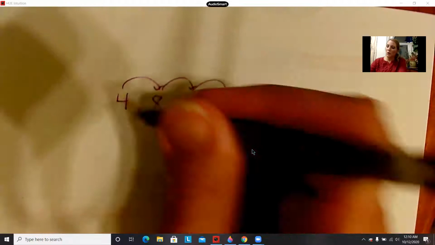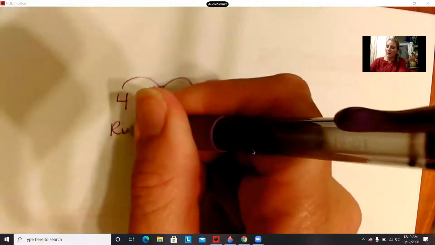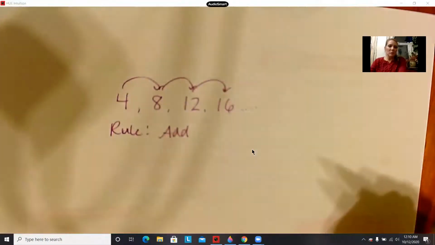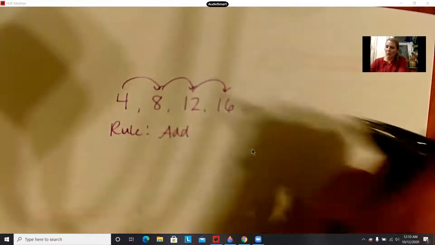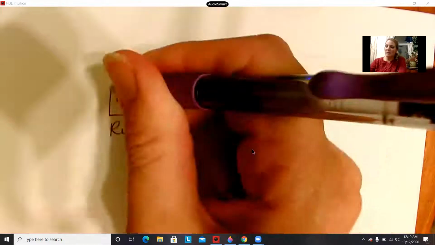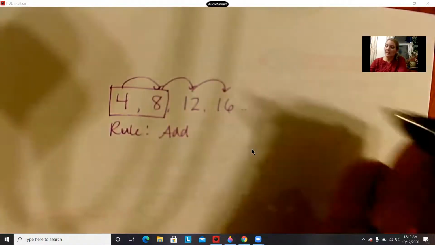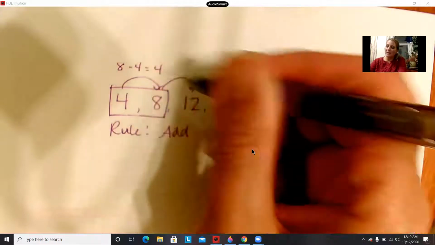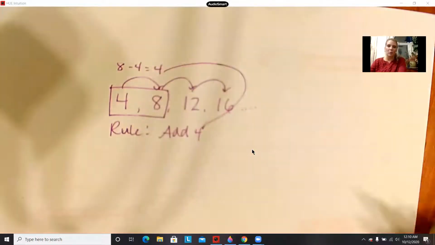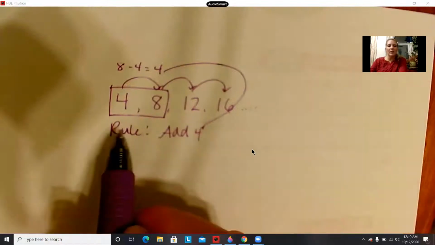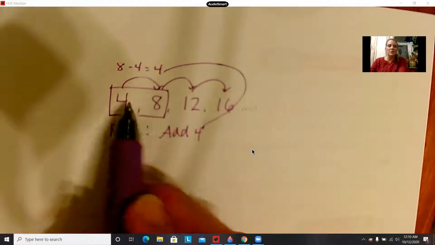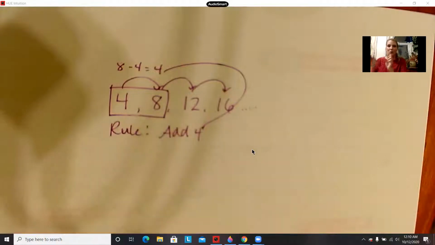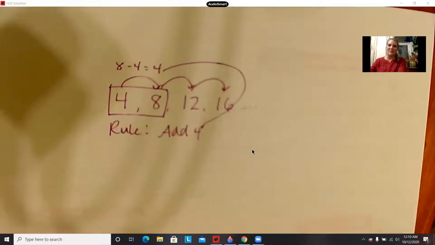So if I were to have a rule here, my rule would be to add. Okay, now add what? I know that you know it's add 4, but here's what we're going to do today. We're going to take the first two terms and subtract them, largest number first, 8 minus 4, and you can see that I get an answer of 4. So although we're adding, we always subtract these first two terms in order to find out what the difference is, so we know what to add as we go on throughout the sequence.